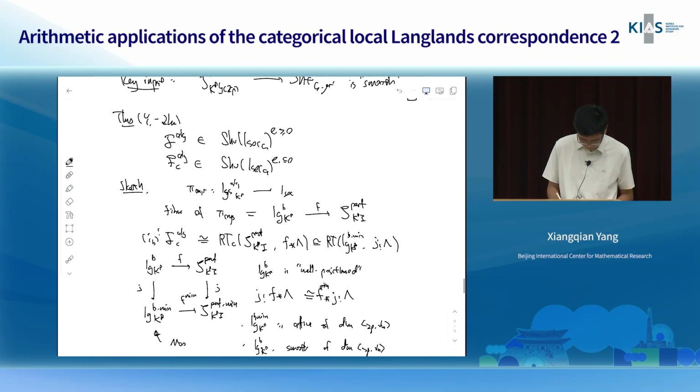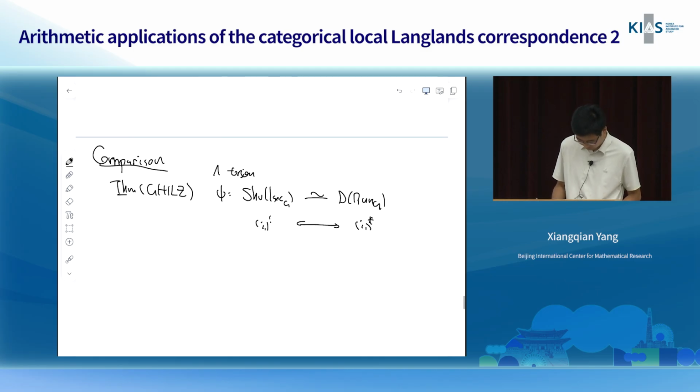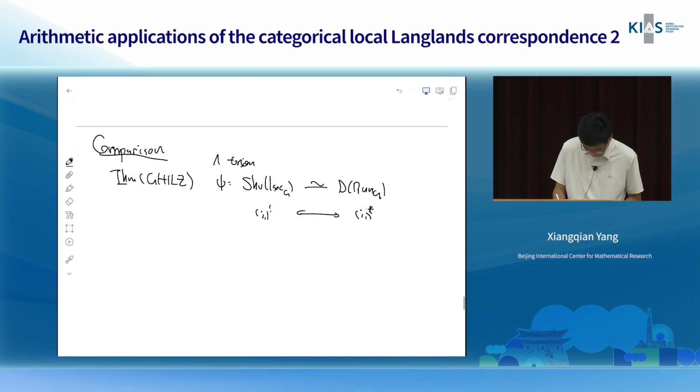It was shown in Ian's talk that upper star pullback corresponds to upper shriek pullback here. So one of the three things is compatible. Now actually the other two things are also compatible.